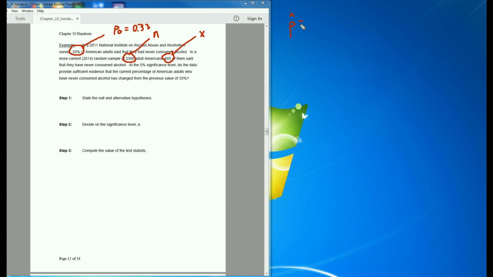Our p hat is 805 out of 2,300. If you calculate that sample proportion, it is 0.35. I think that actually divides out exactly.